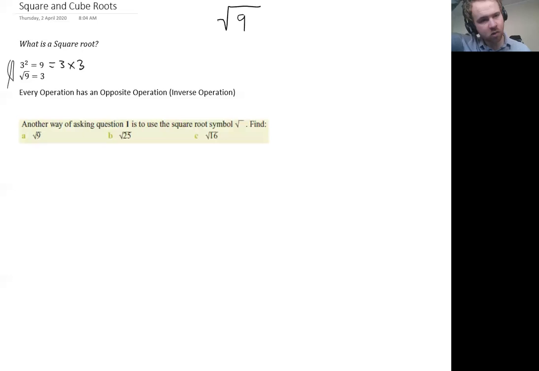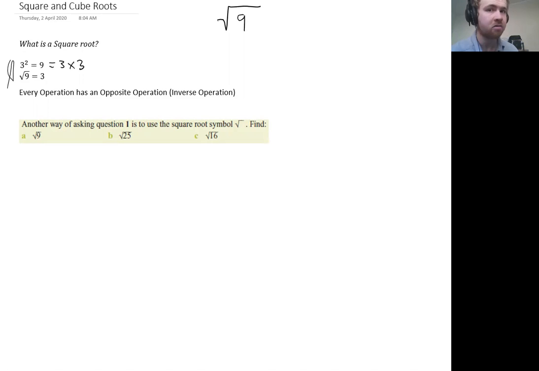And what is the square root? Well, if 3 squared is 9, then the square root is 3, because the square root is what we call an opposite operation, or an inverse operation, which will be the words that you'll use later on. Every operation in maths has an opposite or an inverse, which sort of undoes it.